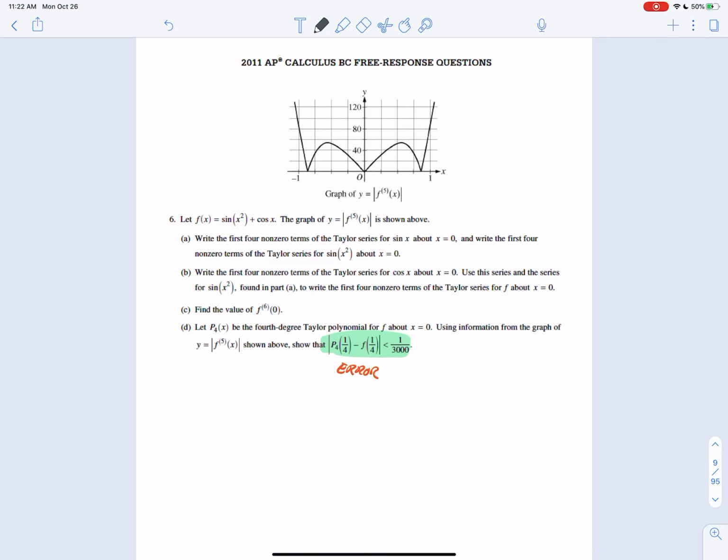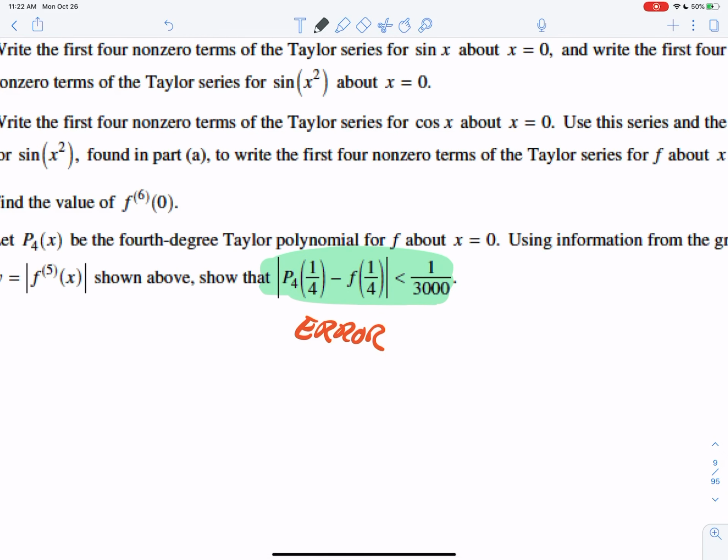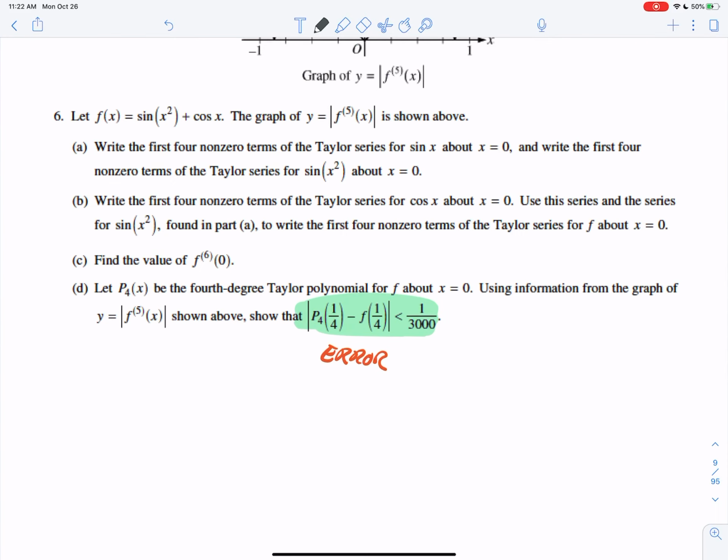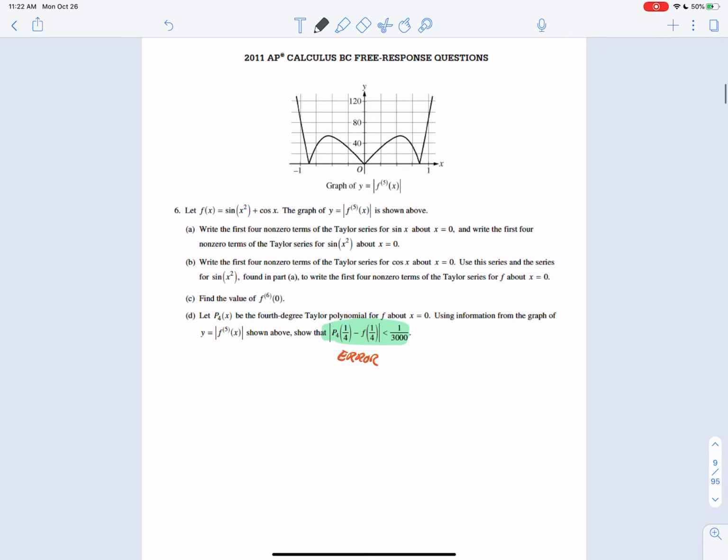So again, we know it's an error because we're subtracting two different things and we're taking the absolute value of it. That's error, okay? So here, they don't tell you which test to use or which bound to use. Remember, we're either using Lagrange error bound or alternating series error bound, okay? So let me pull up 2011 so I can refer to it.